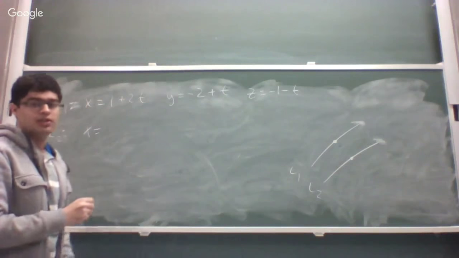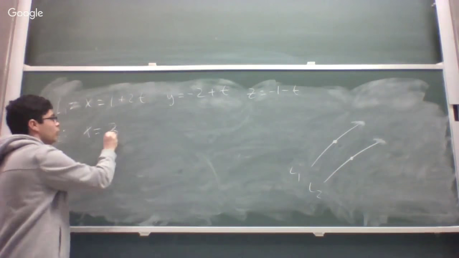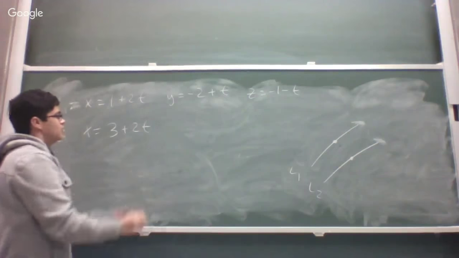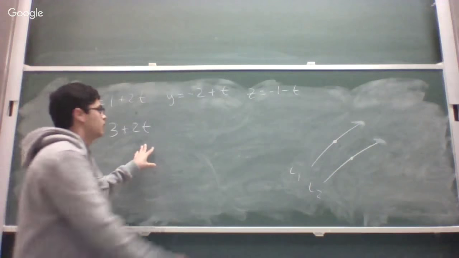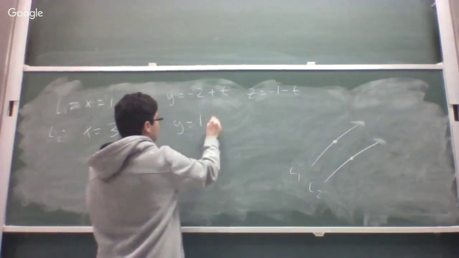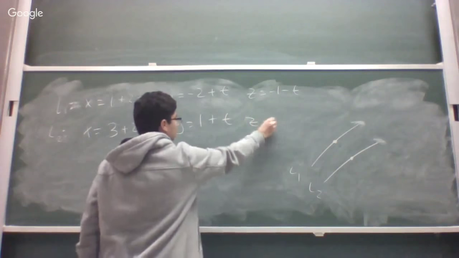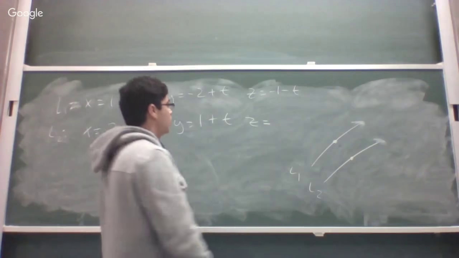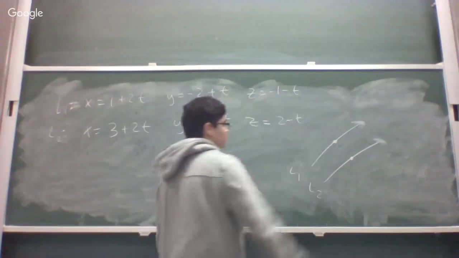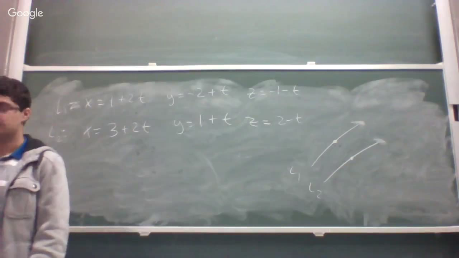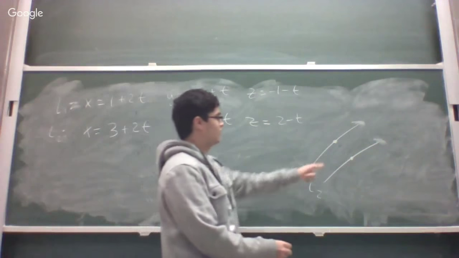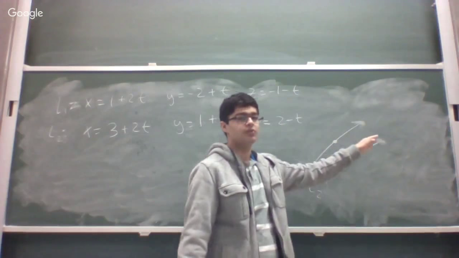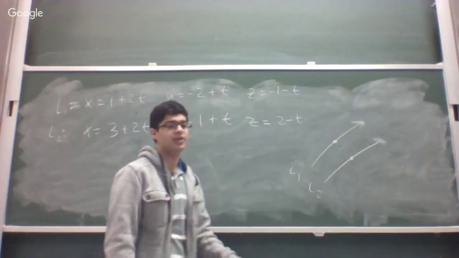That means a different point value, but the same direction component. So then y is equal to 1 plus t. Z is equal to 2 minus t. When I say a point in space, I mean the point that this line is going through, and the direction component is the vector component.